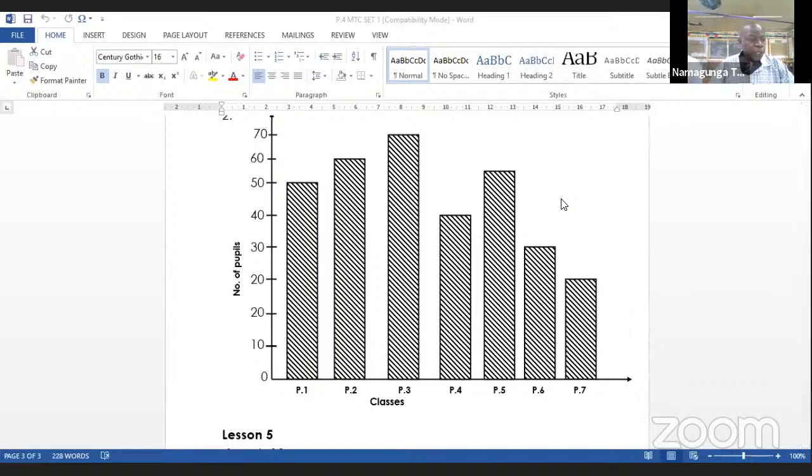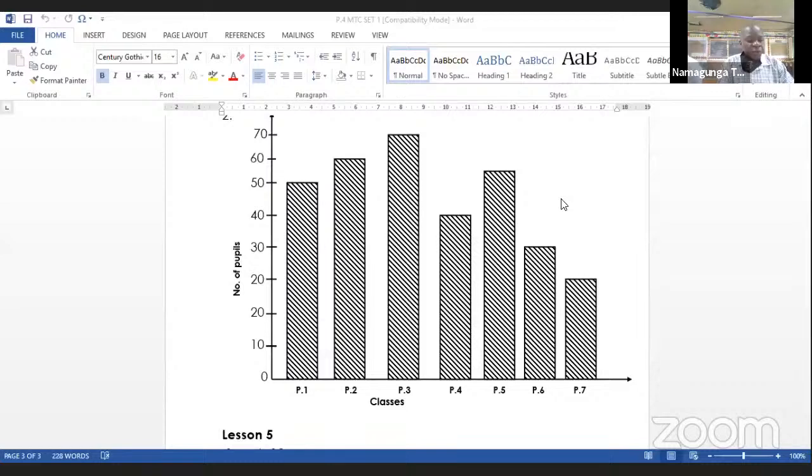That is on page 8, where I have in a school the number of pupils in each class as follows. Class and number of pupils, they are drawn in a table. You are able to see them clearly. So we are told to draw a bar graph.